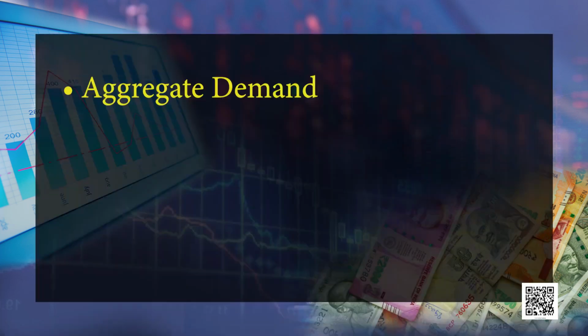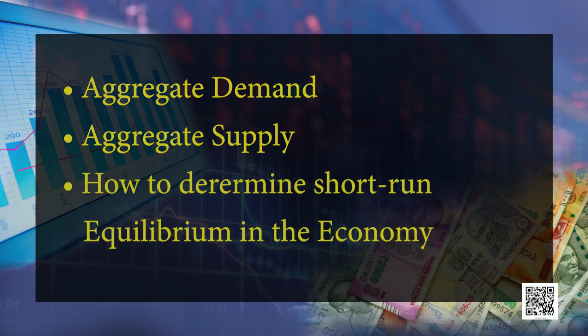The basic problem revolving around macroeconomics is the determination of income and employment, and this is the title of this chapter. Under this chapter, we will be studying aggregate demand, aggregate supply, and how to determine the short-run equilibrium in the economy.